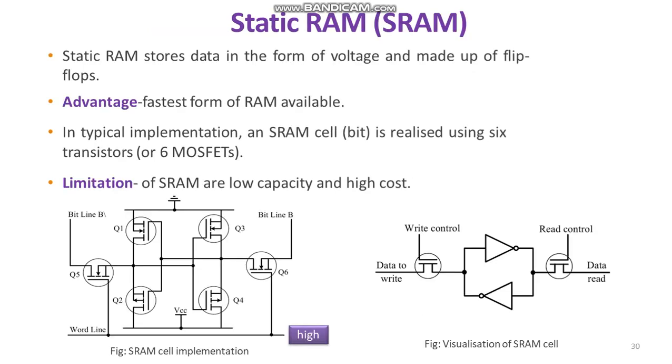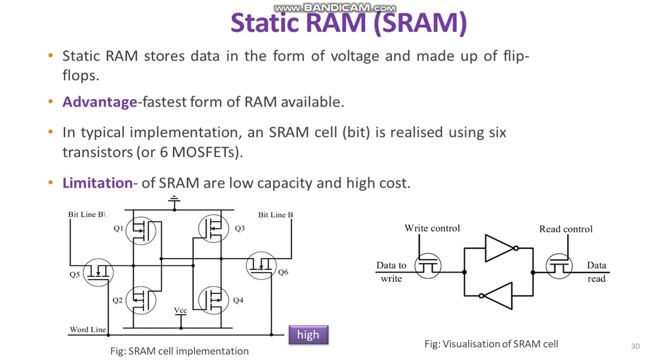The first one is the static RAM, that is SRAM. This type of RAM holds data in a static form, that is, as long as the memory has power, it stores the data in the form of voltage and it is made up of flip-flops. Static RAM is the fastest form of RAM available.